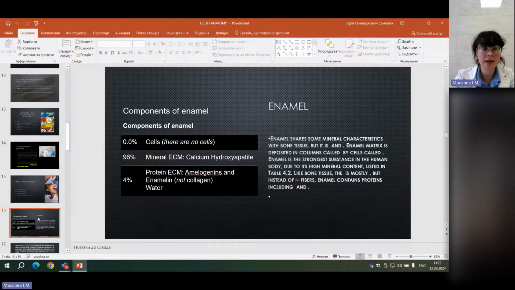But the main percent of mineral compounds is calcium hydroxyapatite. About proteins, I told you earlier, proteins and water are about 4% of enamel.